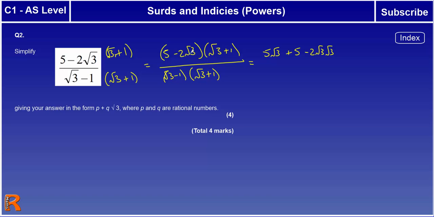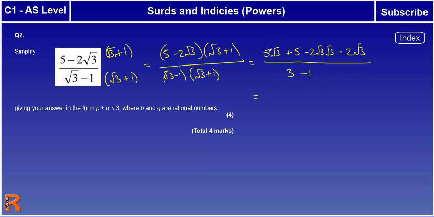And minus 2 lots of root 3 times 1, so that's minus 2 lots of root 3, because 1 times anything is just itself. Okay, on the bottom now, you don't really need to multiply this out. You should know this sort of form where you have this number squared minus this number squared. So root 3 squared is the square root of 9, which is just 3. And then we're going to take away 1 squared, which is 1.